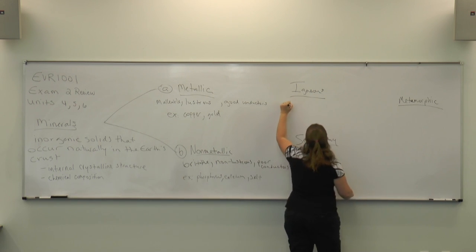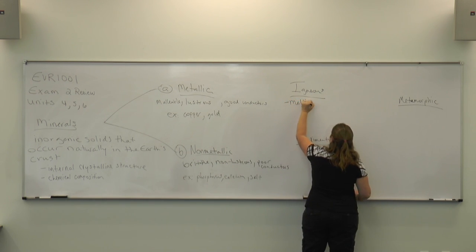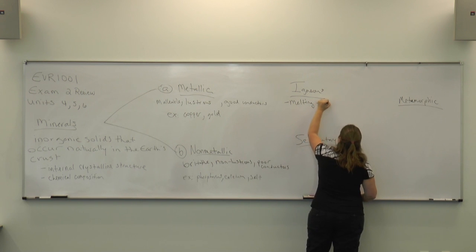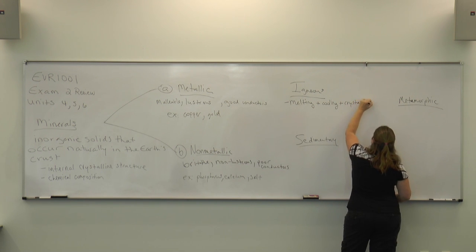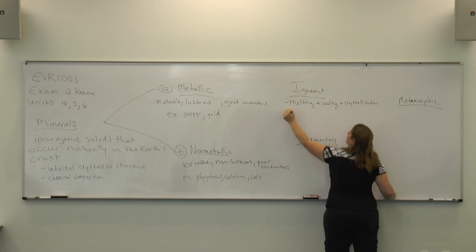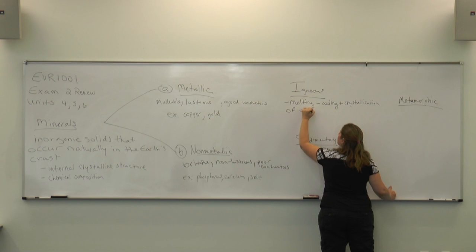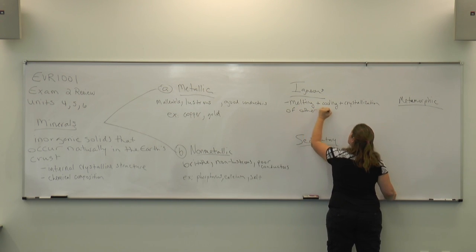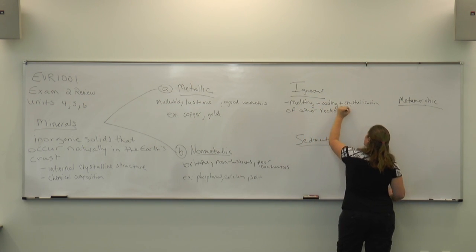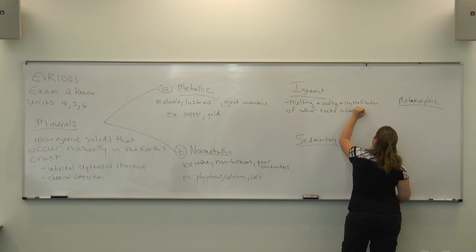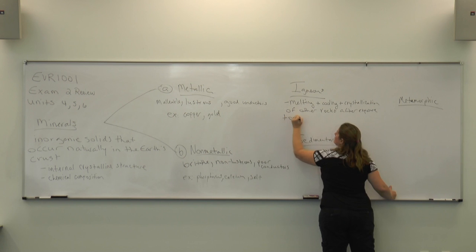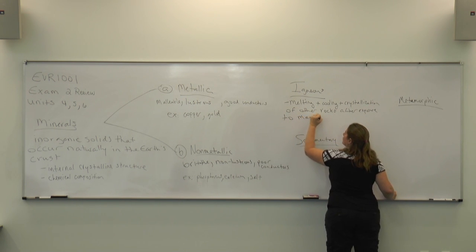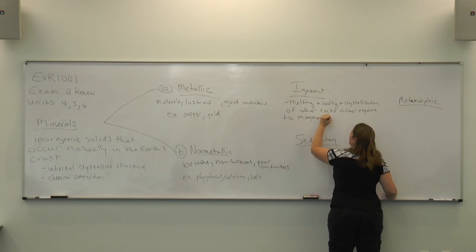So igneous rocks form from the melting, cooling, and crystallization of other rocks after exposure to magma or lava.